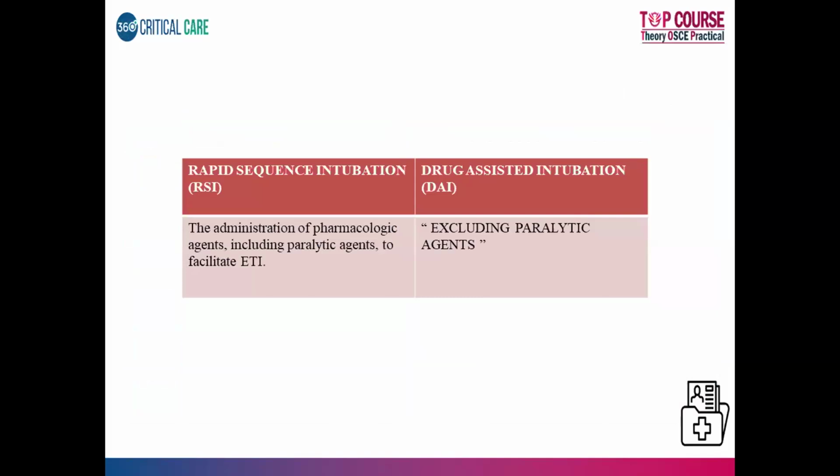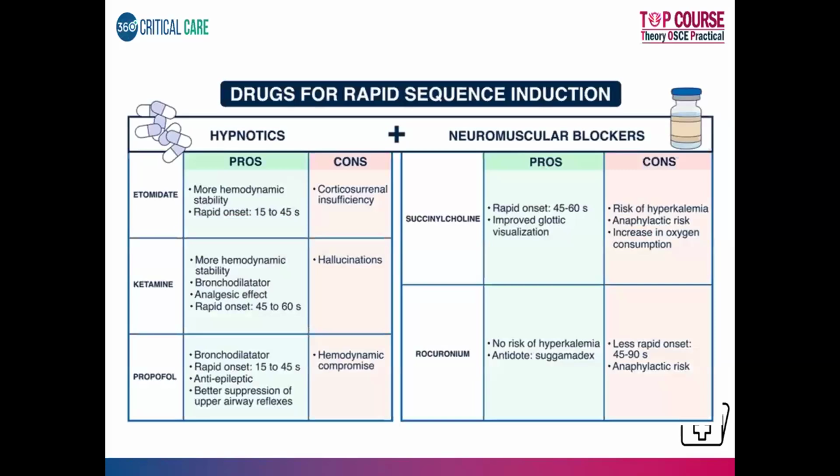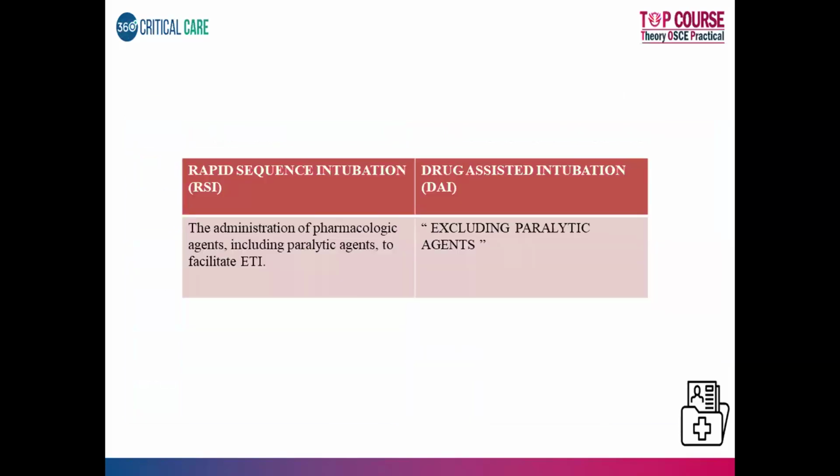But you should know the difference between rapid sequence intubation and drug-assisted intubation. Rapid sequence intubation is nothing but the administration of pharmacological agents, including paralytic agents. So here, if you see, yes, hypnotics plus a neuromuscular blocker. If you use a paralytic agent, then it is known as rapid sequence intubation.